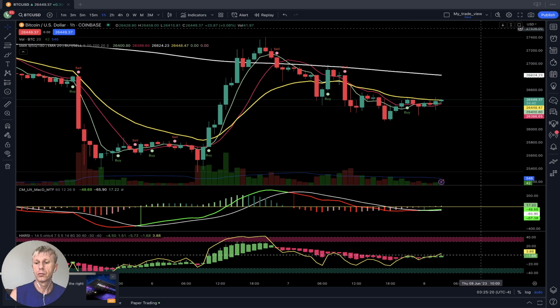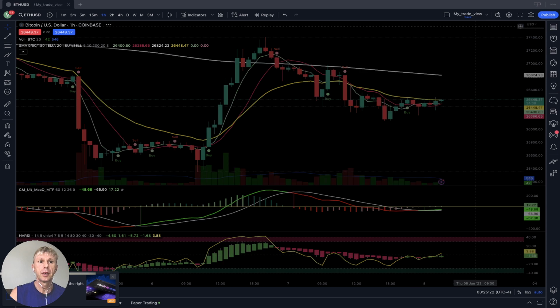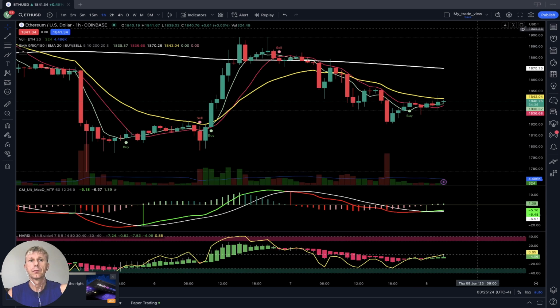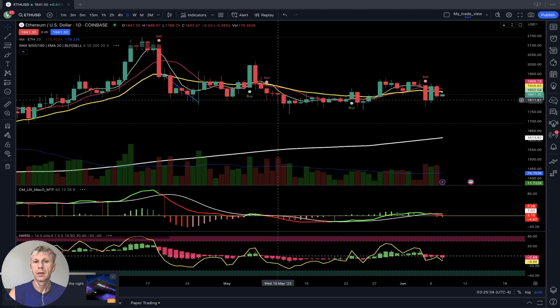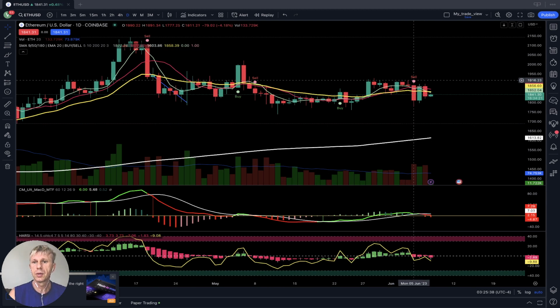Now let's move to Ethereum. Ethereum, let's start with daily. Similar situation, sell signal from the script. MA5, the green line, did a bearish crossover over 10 and 20.